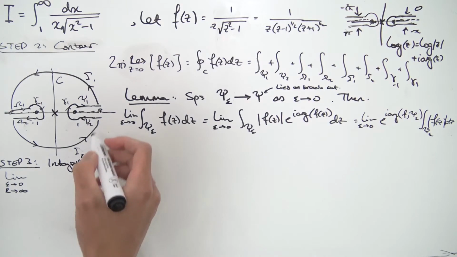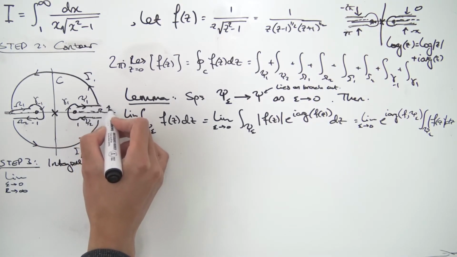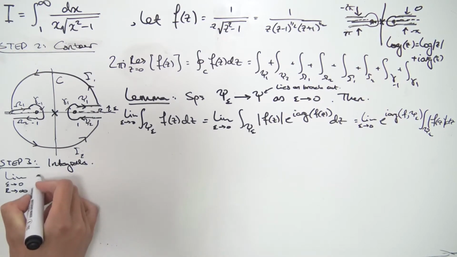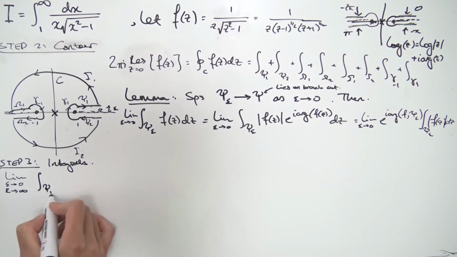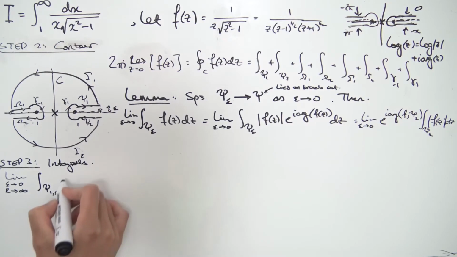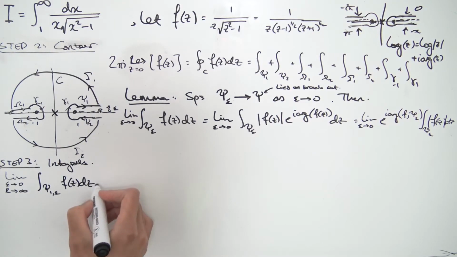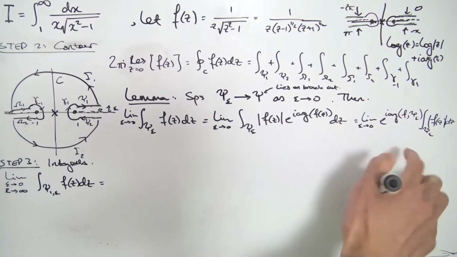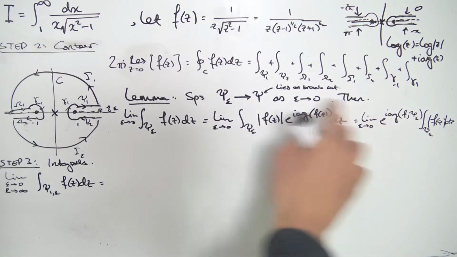And you can think about these paths as being parameterized by epsilon, where epsilon is the distance away from the branch cuts and so on. You can come up with some parameterization for this, but essentially, if you take the limit of the integral on psi 1, parameterized by epsilon, of f of z dz, then using this result, we take a look at the argument of the function from above.